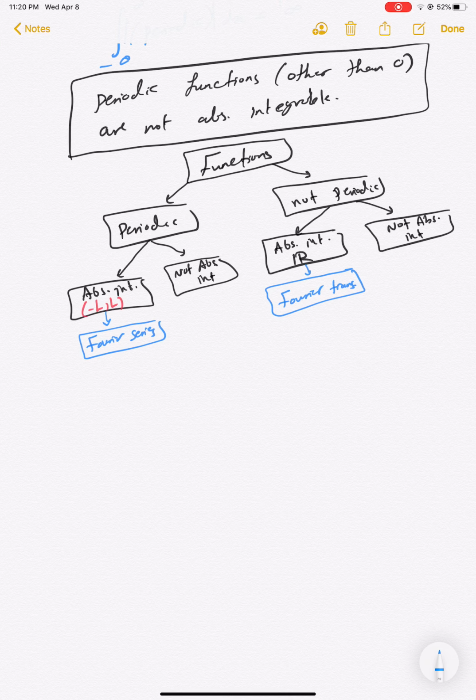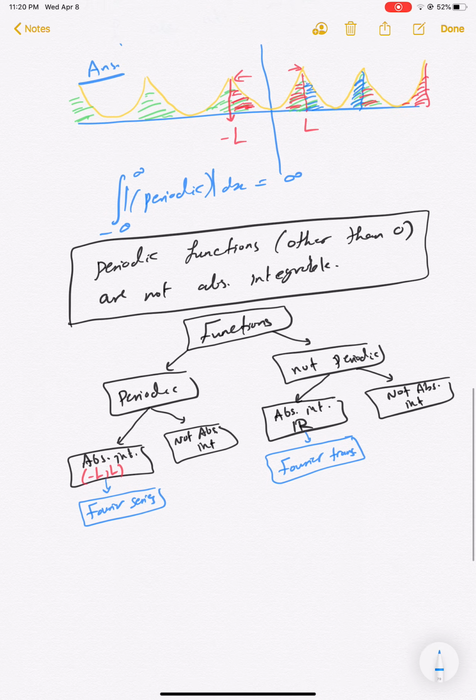So this is a classification of all functions. If you have them in one box in your mind, you have a certain classification. Some of them go to Fourier series, some of them go to Fourier transform, provided absolute integrability. So this is the second comment I'd like to make.